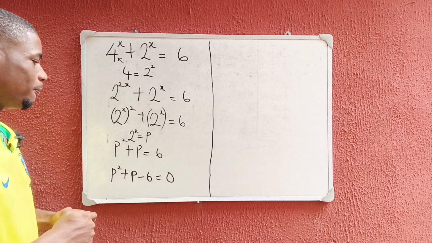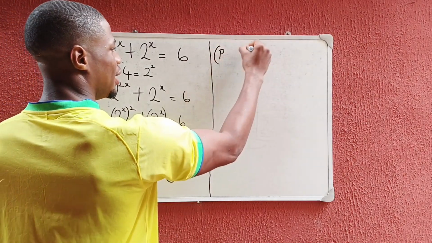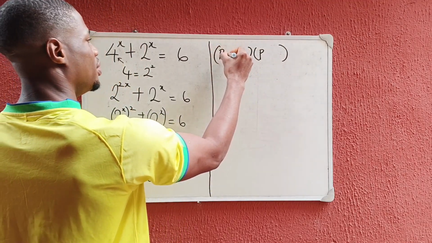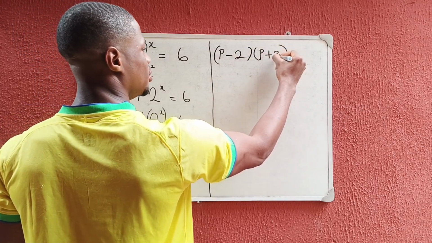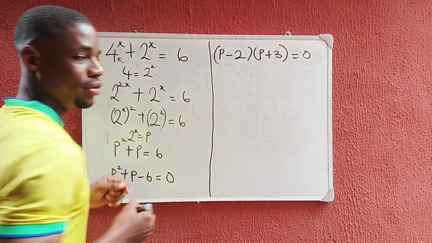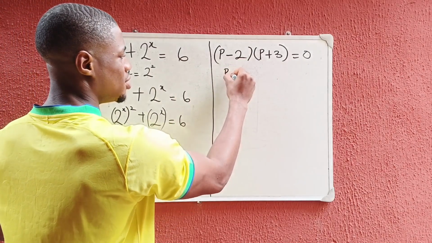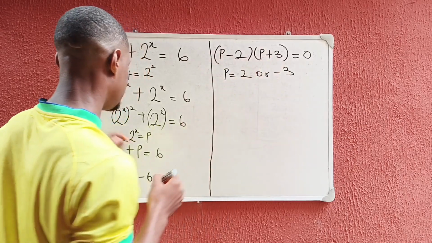Now this way I factorize. What's common here? I have p and I have p, and I have here to be p minus 2 into p plus 3 is equal to 0. I just factorize this. Now this invariably means that p is equal to 2 or negative 3.